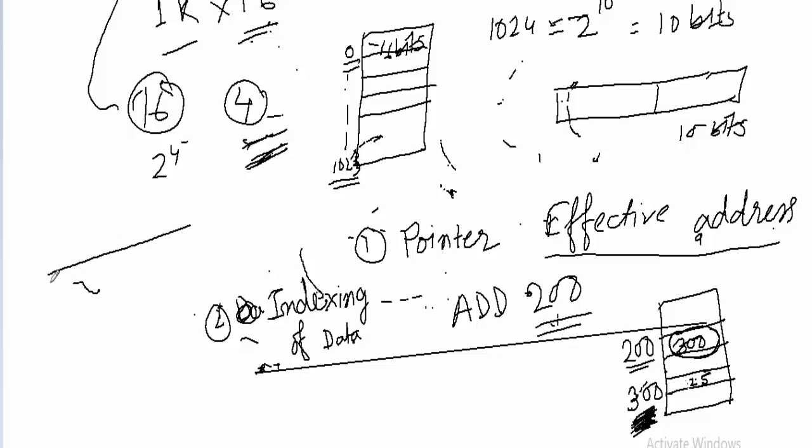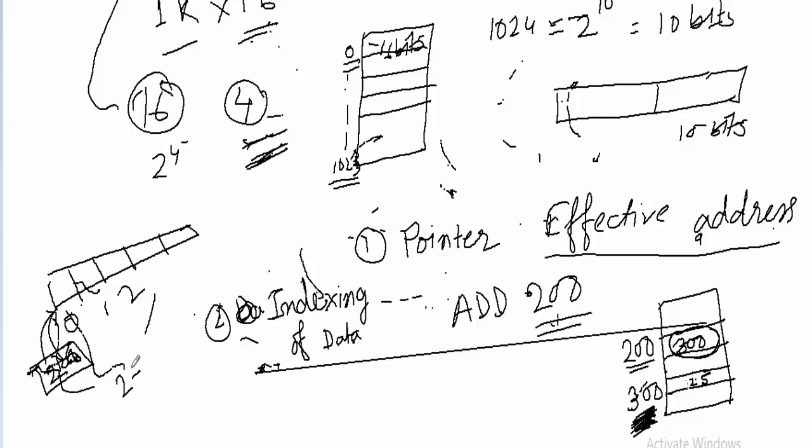In an array there are some locations, and each location is pointed to by an index like 0, 1, 2, and using addressing modes we do the indexing of data. Here we have the address of the first location. Let's say it is 200, and if we add 1, the index, we will get the second location. That is how we do the indexing of data.